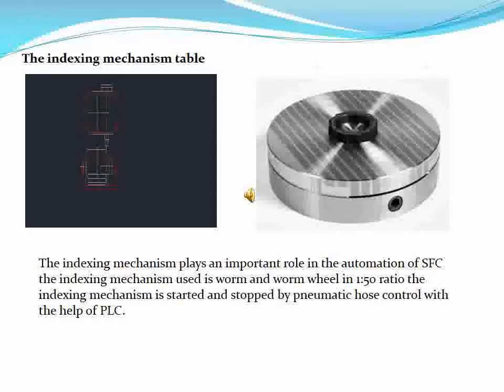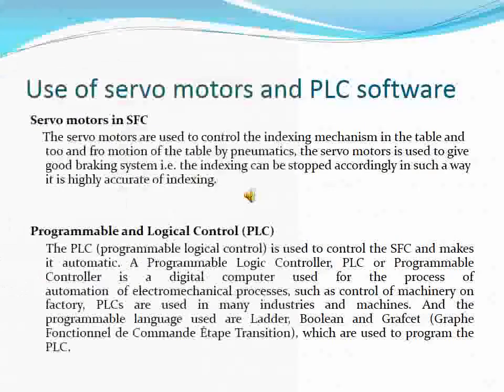The time taken to complete the job is less compared to the present method. No skilled laborers are needed to run the machine, and hence the labor cost is reduced. The angle of cut is very accurate in automated SFC manufacturing.